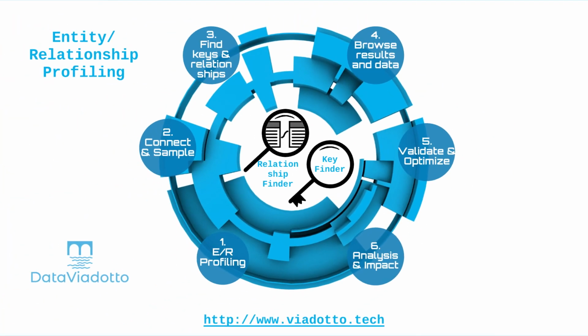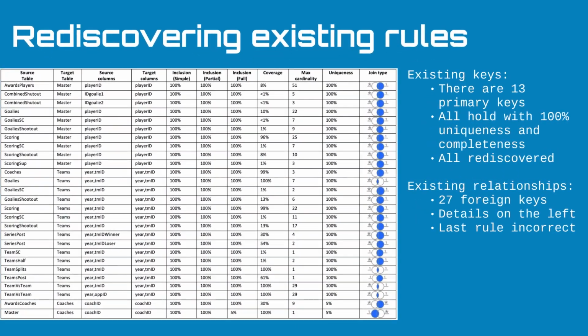We will now analyze the results of the entity relationship profiling process. So there were 13 primary keys given on the original schema. All of these hold with 100% uniqueness and completeness, and we were able to rediscover all of them using our tool. For the existing relationships, there were 27 foreign keys on the original schema.